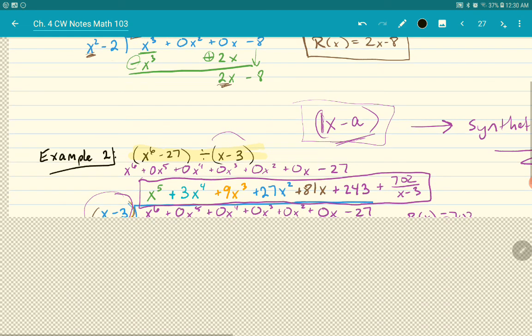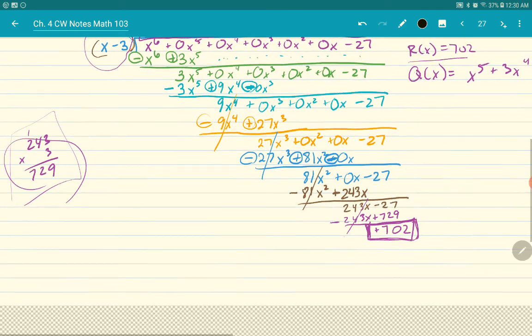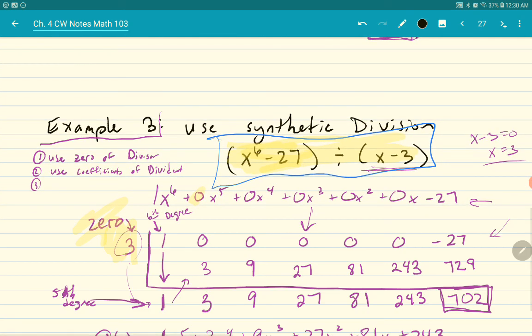And then homework numbers 31 through 50, those are all synthetic division.